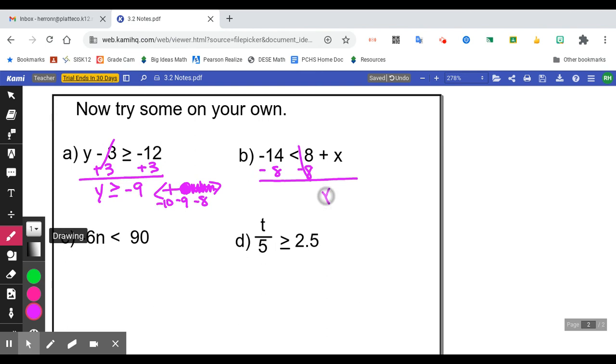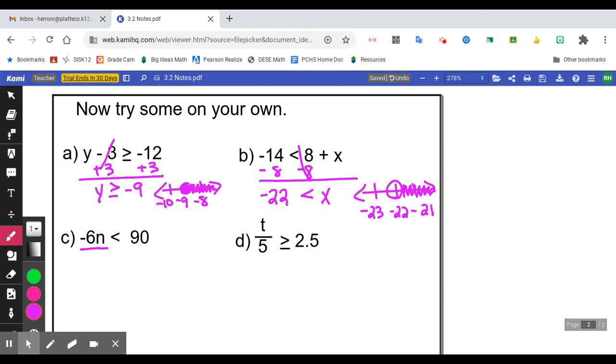This is gone. X is greater than negative 22. So backwards for the numbers. Open circle and read it backwards. So x is greater than, to the right.